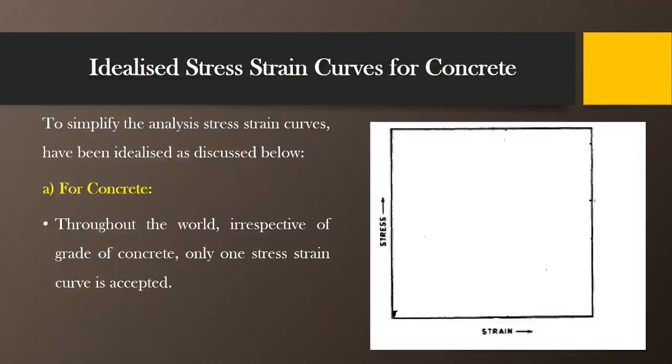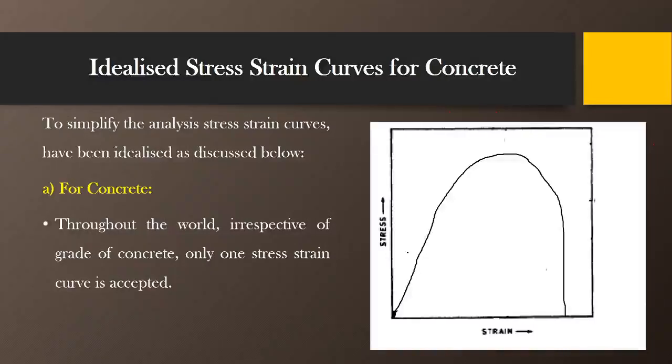As we already discussed in the last lecture and the lectures before, the stress strain curve for concrete varies linearly up to a certain point, and after that point the graph behaves non-linearly, and after some point the concrete will fail. So this is the general nature.